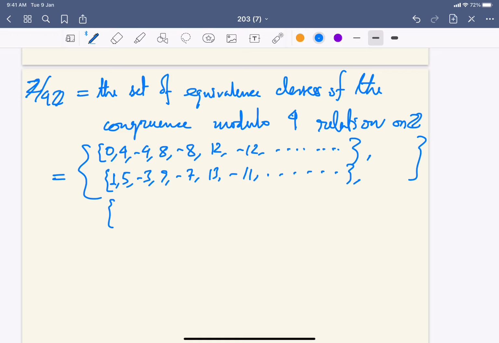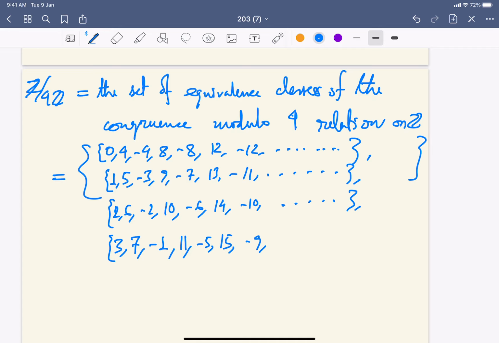Then I have to do 2, and then 6, and then minus 2, and then 10, and then minus 6, and then 10 plus 4 is 14, etc. Then it has to be 3, and then 7, and then minus 1. And 7 plus 4 is 11, and this is minus 5, and then 15, and then minus 9, etc.